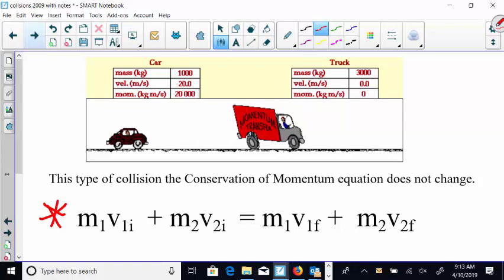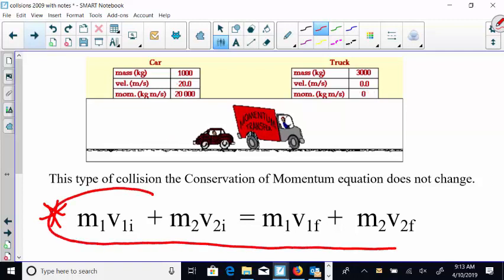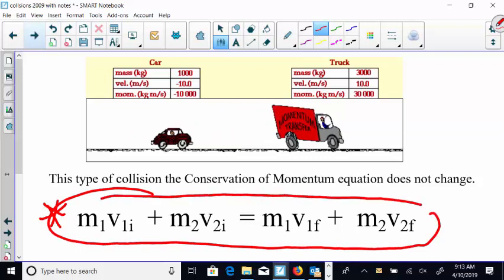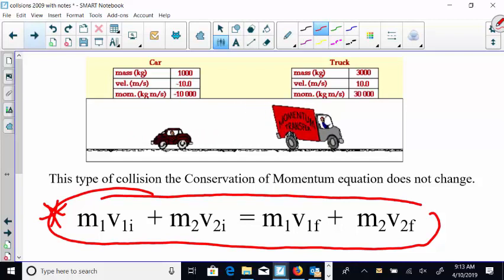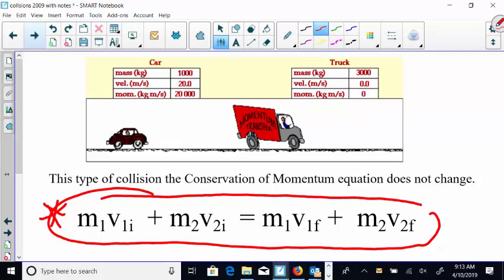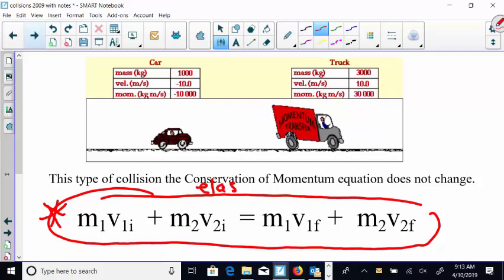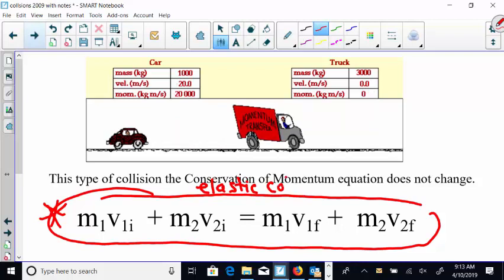So this equation right here is really the equation for an elastic collision. So you already have it on your note card. You might want to just add to your note card that this is an elastic collision.